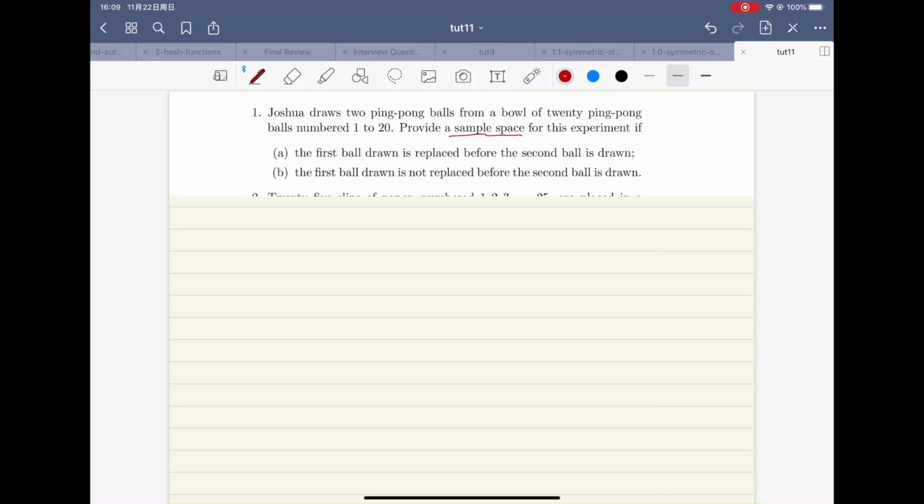The set of all outcomes of an experiment is called the sample space. So for question A, we have 20 tries for the first ball and 20 tries for the second ball, since the ball is replaced before the second draw. Thus, we have a sample space like S equals 1 to 20 times 1 to 20, right?